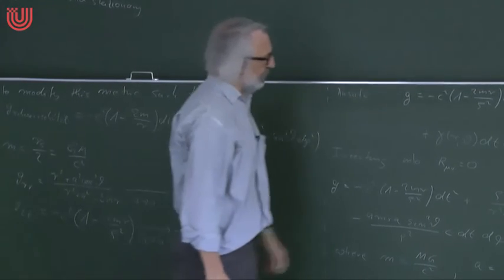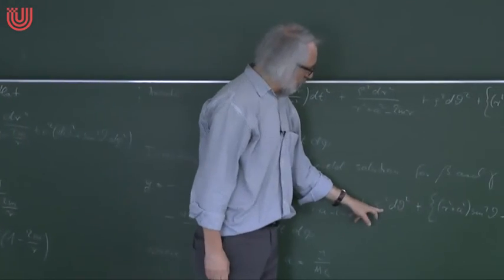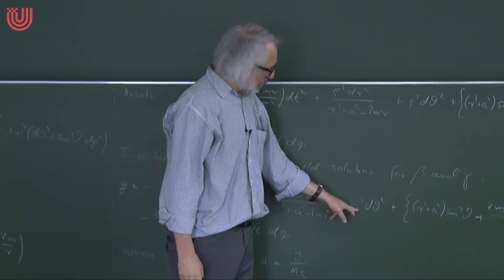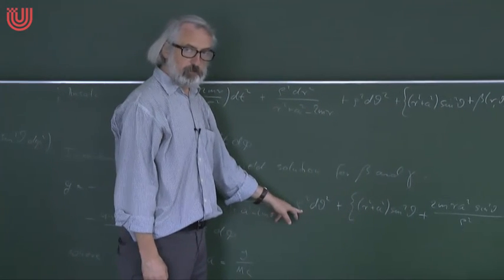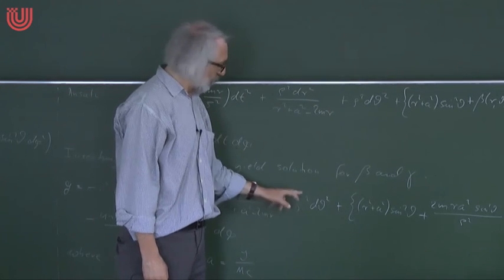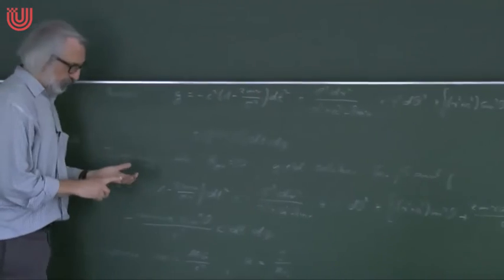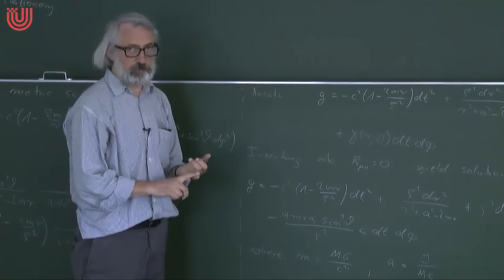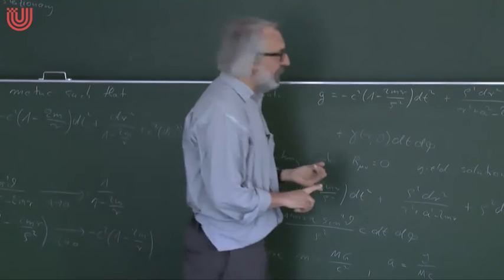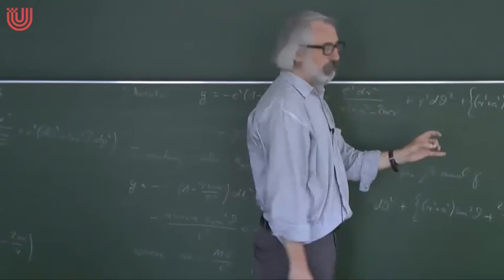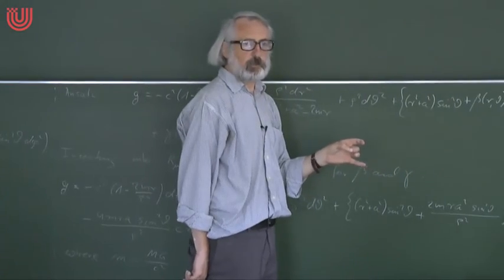And now look what happens here if r is going to 0. If r is going to 0, this expression does not go to 0 because I have the term a squared cosine squared theta. So it goes only to 0 if r goes to 0 and a cosine theta goes to 0. So what is this? r equals 0 and cosine theta equals 0, that's a ring. That's a ring in the equatorial plane.